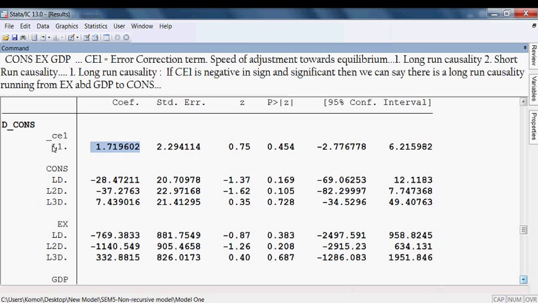But here you can see the L1, the sign is not negative, it is positive.